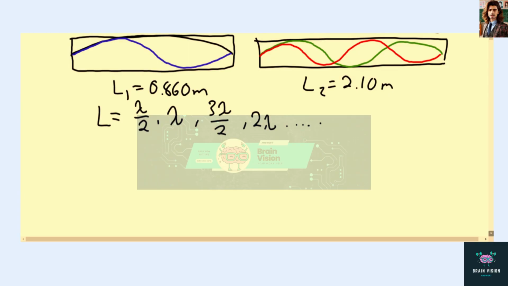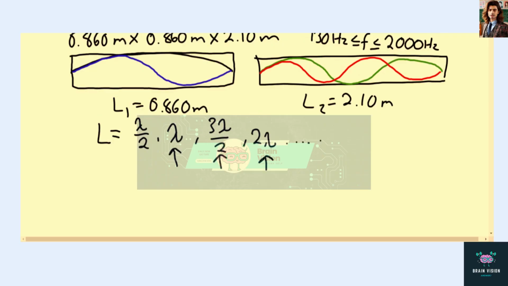The important takeaway is that each higher frequency is just an integer multiple of the fundamental. The first harmonic is twice the fundamental. This one is 3 times, this one is 4 times, the next one is 5 times, and so on. So once we find the fundamental frequency for each dimension, we can multiply that by each integer value to find all the possible harmonics.